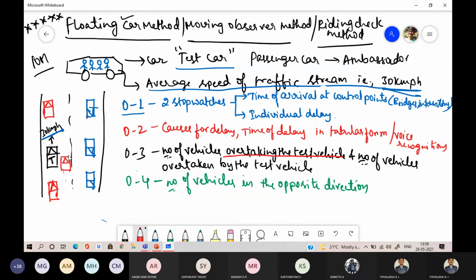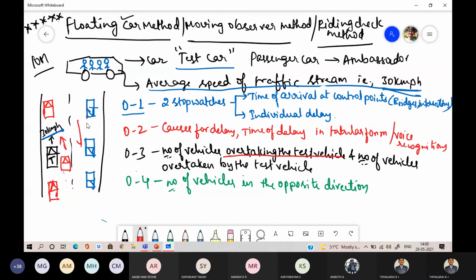Okay. The third observer will be noting down the number of vehicles overtaking the test vehicle and the number of vehicles overtaken by the test vehicle. The fourth observer will be noting down the number of vehicles coming from the opposite direction.